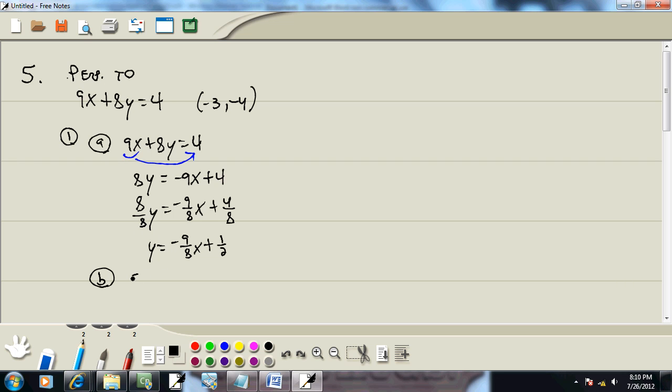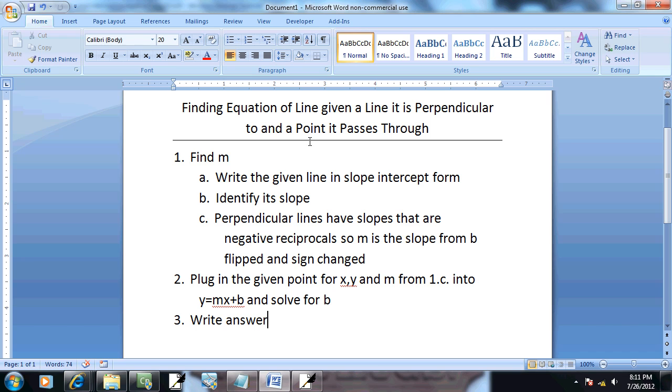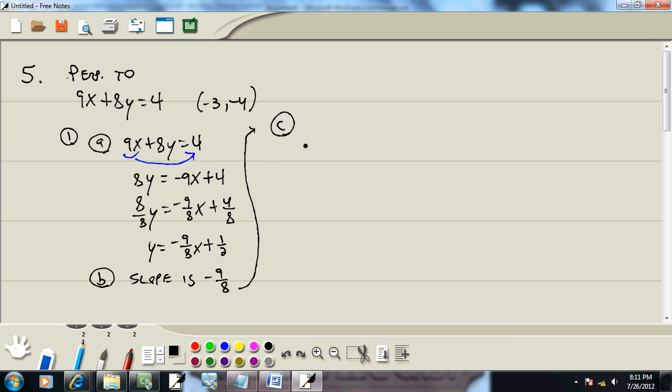If it's in slope-intercept form, your slope is what's before the x, which is negative 9/8. Now C says perpendicular lines have slopes that are negative reciprocals, so m is the slope from b flipped and sign changed.